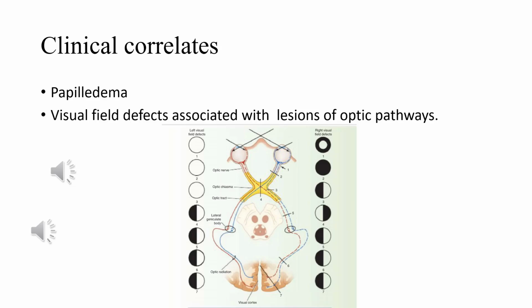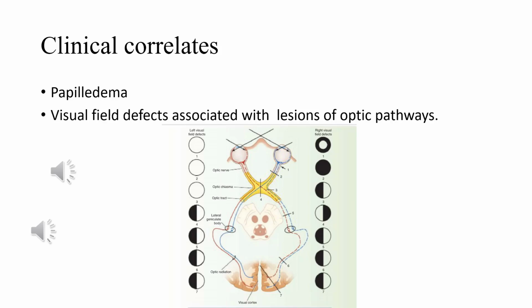Now this is a basic concept, and whenever there is a lesion in the optic pathway at any level starting from behind the eyeball, which is labeled 1 here, on the sides you can see these circles with different shaded areas showing the effect on, or loss of, the visual field.